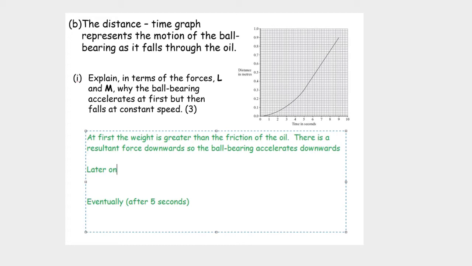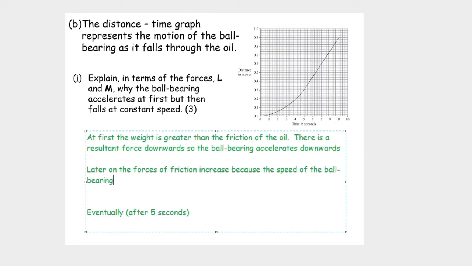Now later on, as the ball bearing moves faster and faster, the frictional forces increase. Now this is because it's pushing more molecules of oil out of the way at a greater and greater rate, and that causes a greater amount of friction. So later on, the force of friction increases because the speed of the ball bearing is increasing. Now we've still got a resultant force.